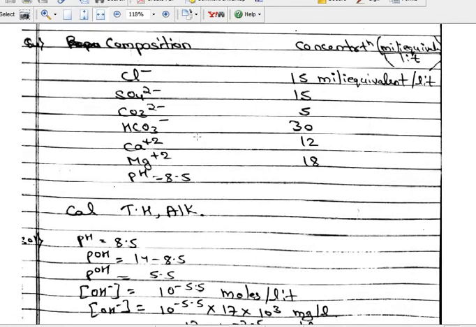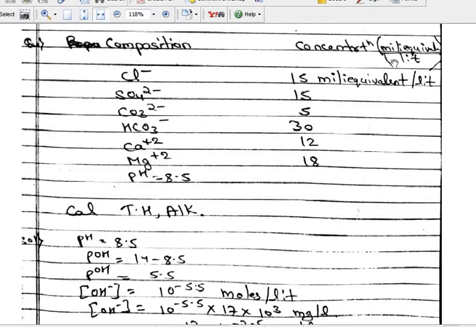This is another variant of these hardness numericals. See here the composition of different anions and cations: chloride, sulfate, carbonate, bicarbonate, calcium, magnesium, and pH is also given, and the concentration is given. Now see, the concentration is given in milliequivalent per liter, not in mg per liter.